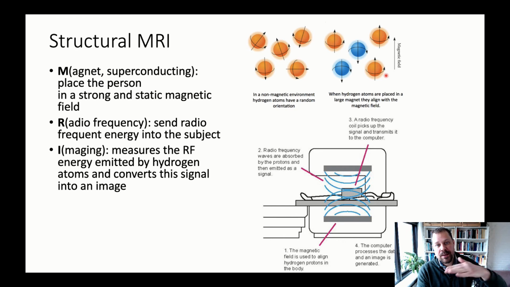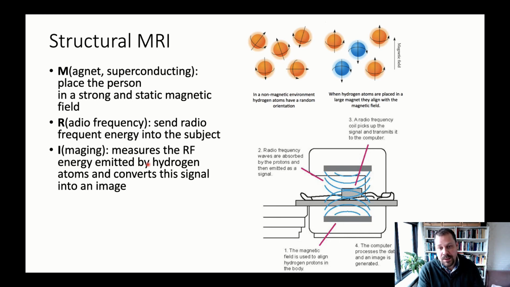While they're spinning back to realign with the magnetic field, they're releasing the energy that was put into them via the radio frequency pulse. And if you then use a receiver coil, that's the imaging part here, we can pick up the radio frequency energy that is emitted by the hydrogen atoms going back to their natural state within the magnet.